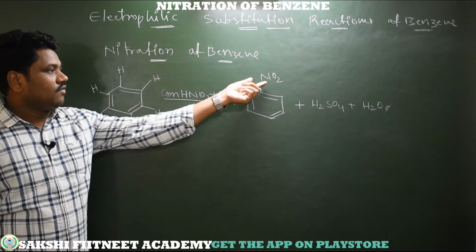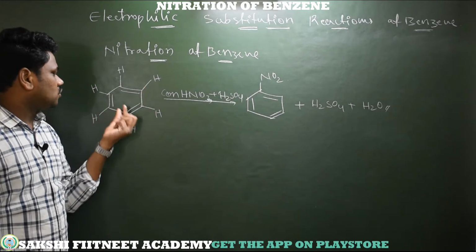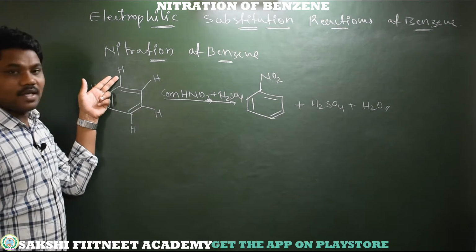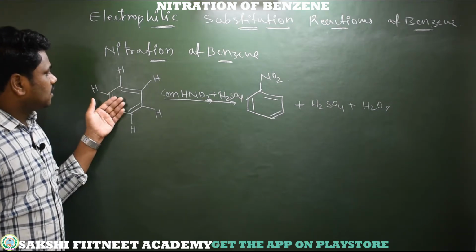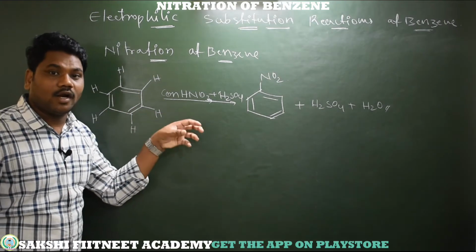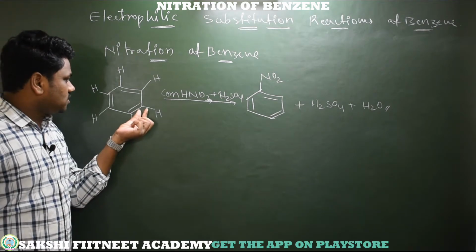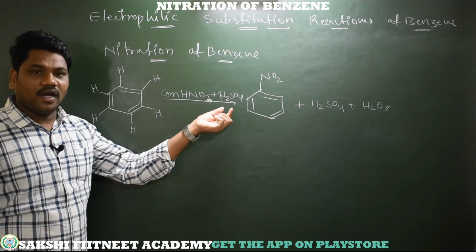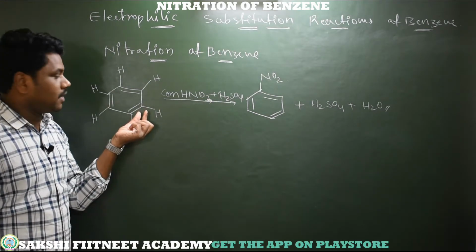So whatever the electrophile is, it is going to attack at ortho and para. If an electron withdrawing group is present on the benzene, due to the resonance the ortho and para positions become electron deficient. So we have only one choice, the meta position, and the electrophile is going to substitute at the meta position.